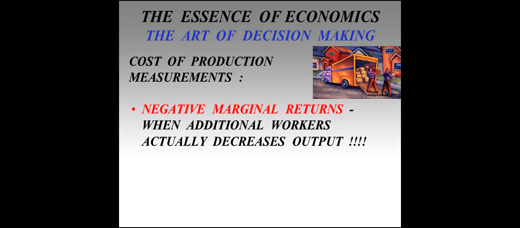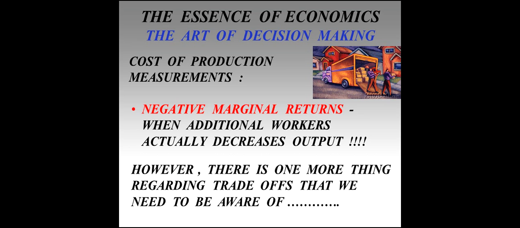So now we've taken a look at some very simple and most common productivity and efficiency measurements for typical businesses that are used quite often. And in our look at measurements for businesses, as well as societies, there's one more thing regarding trade-offs that we need to be aware of that I want to talk about now.